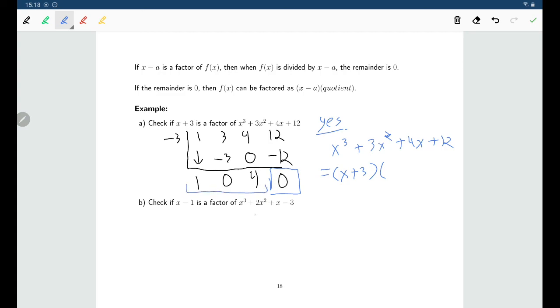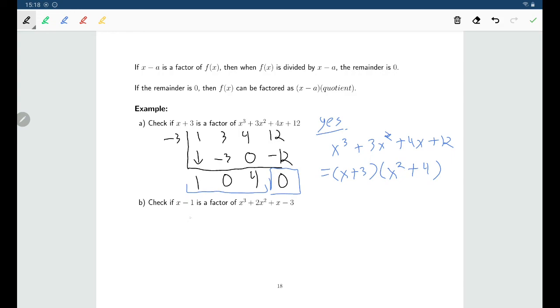And our quotient would be x squared plus 0x plus 4. So we've been able to confirm here that yes, x plus 3 is a factor, and once you factor it out, it leaves x squared plus 4 behind. Let's check the next one.